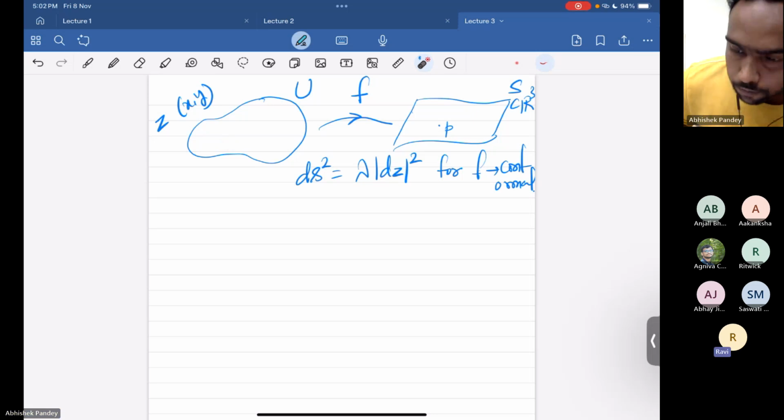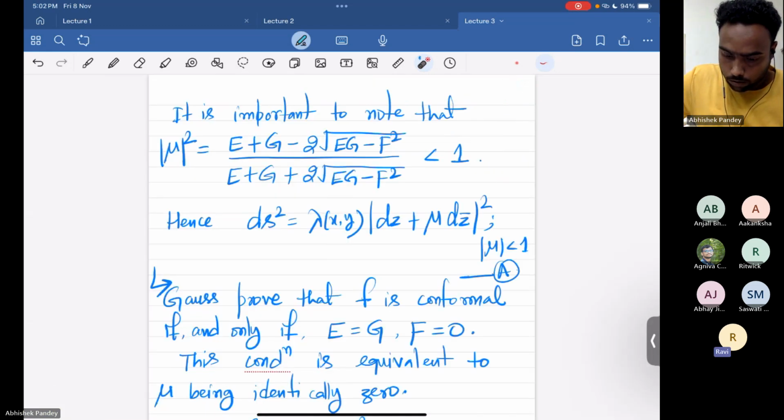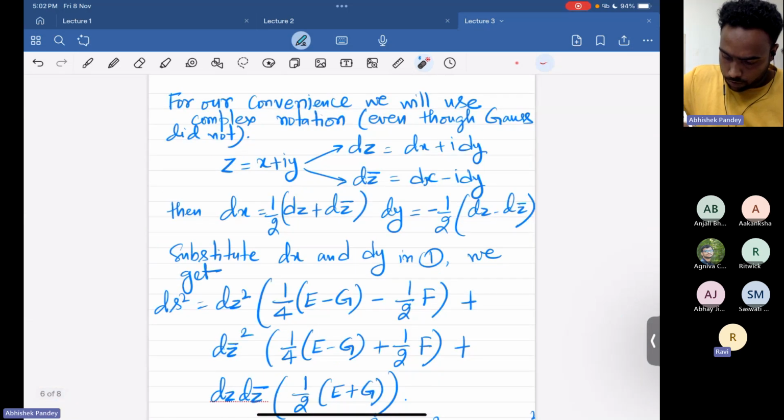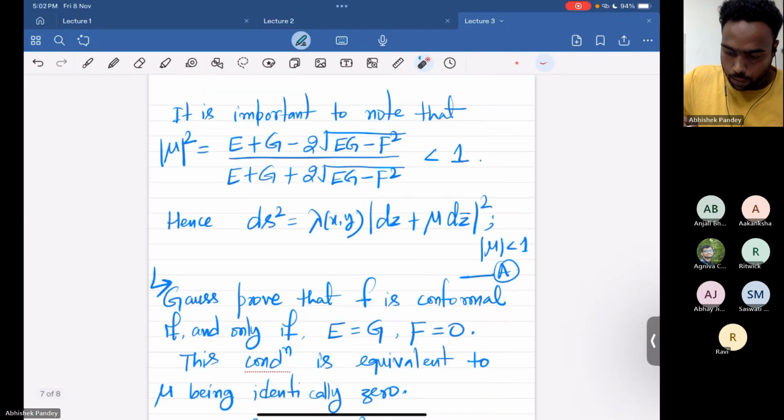Mod mu can be 1, right, if E is equal to F square? Or is there some condition?